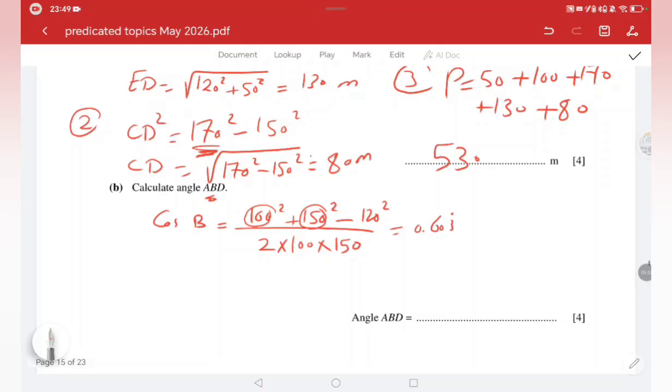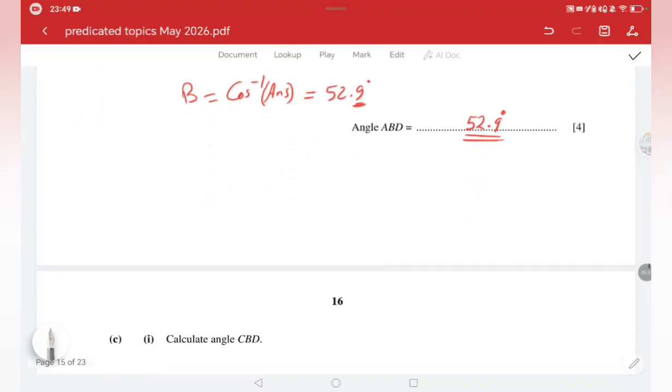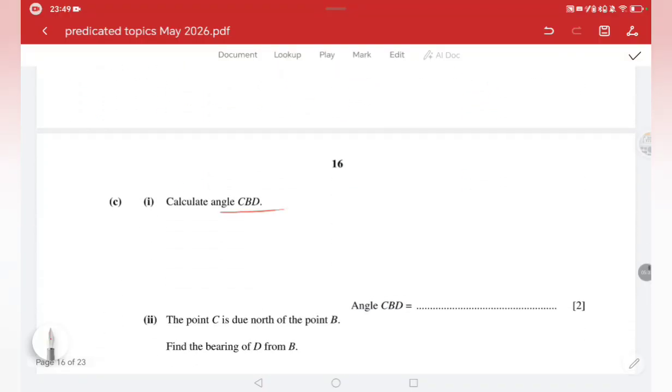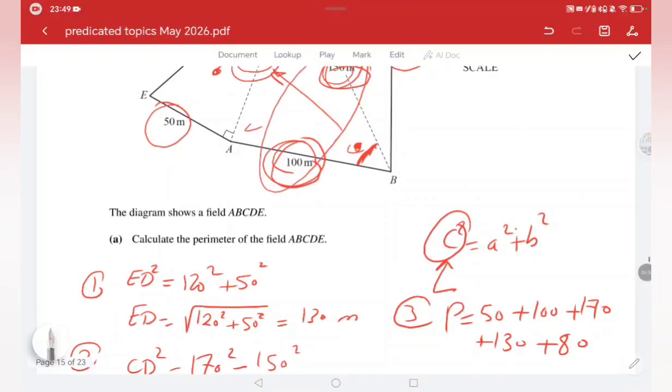So B is the cosine inverse of the answer you have in the calculator. Cosine inverse of the answer gives 52.9 degrees. And again, remember that in the case of angles, round to 1 decimal place. Okay? Now let's move to the next one. They said calculate angle CBD. CBD.